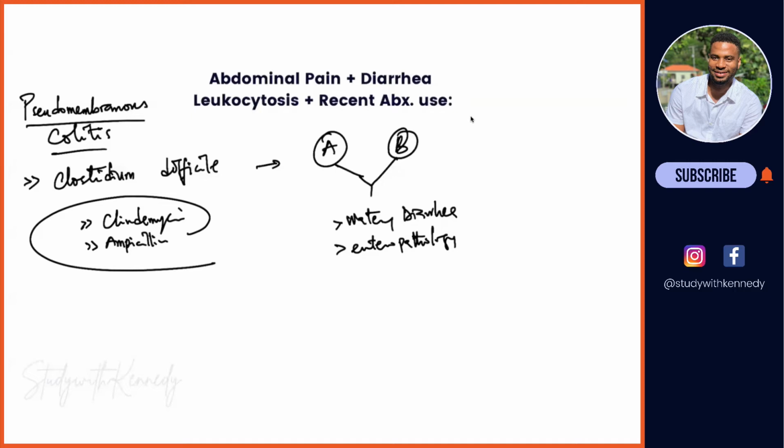Classic question in your vignette: they'll give you a patient. They may give you a patient that's hospitalized, or maybe not hospitalized, but the patient will be put on some form of broad spectrum antibiotics. And that is important, right? If the patient is on broad spectrum antibiotics, 2 days later or thereabouts, 3 days later, they will develop diarrhea, watery diarrhea.